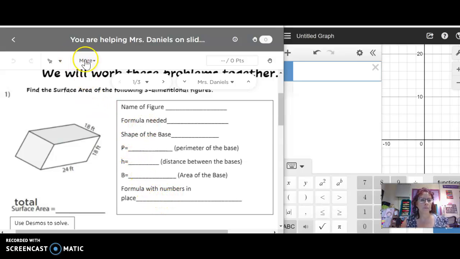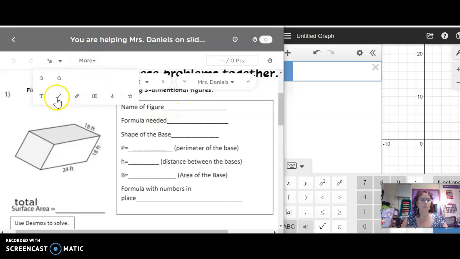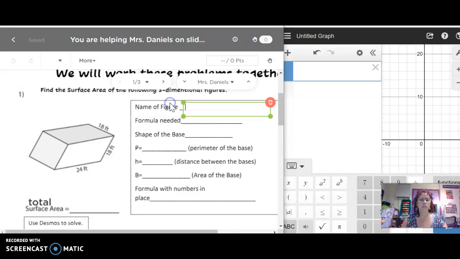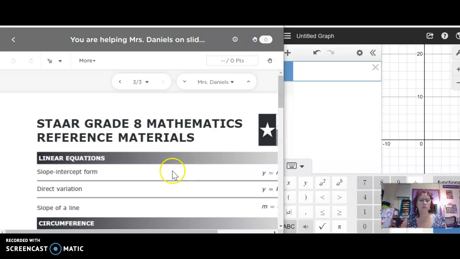So, first of all, we're going to put the name of this figure. This is a rectangular prism. The formula needed, well, the formula is here on slide 3.